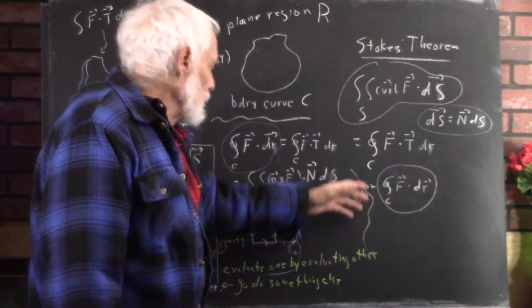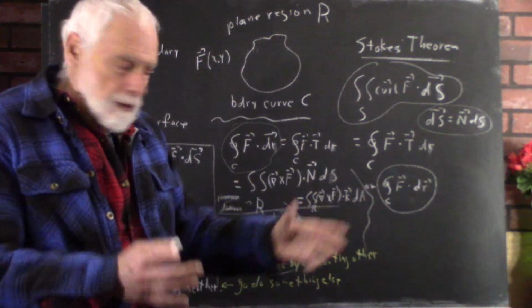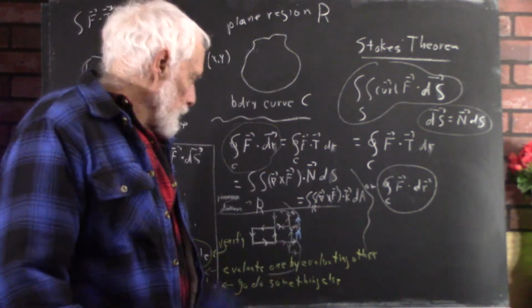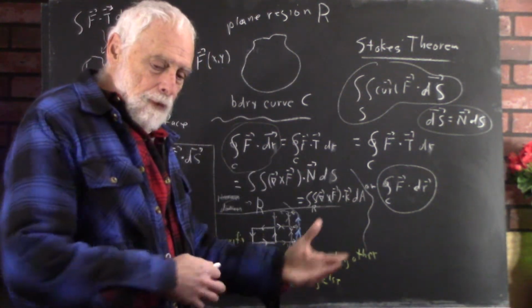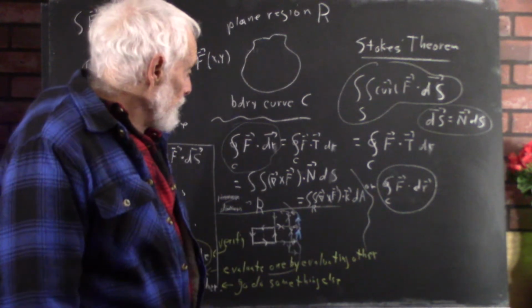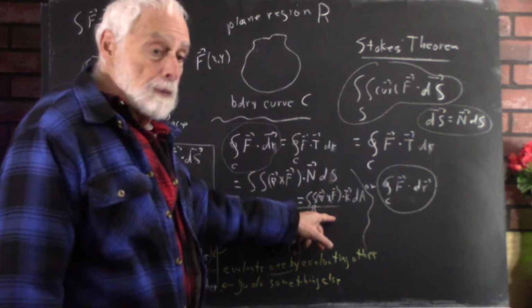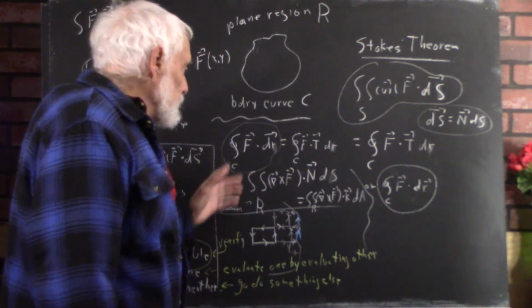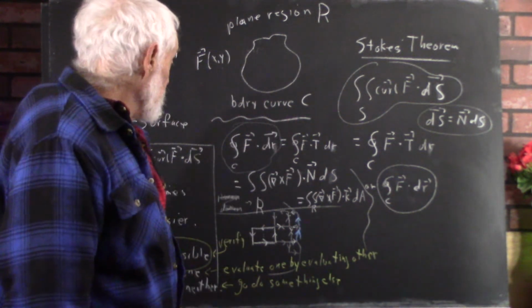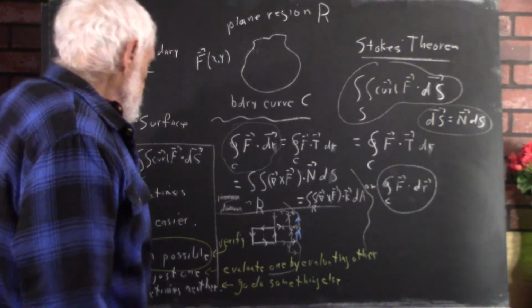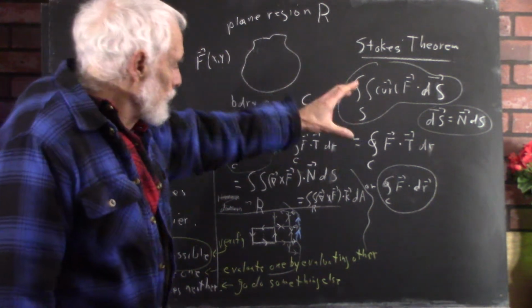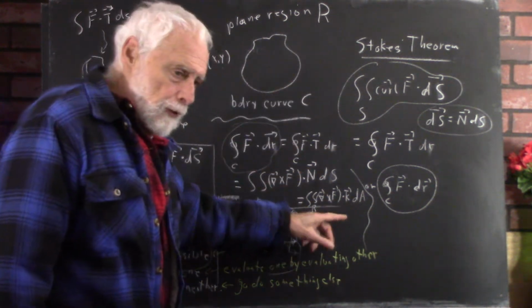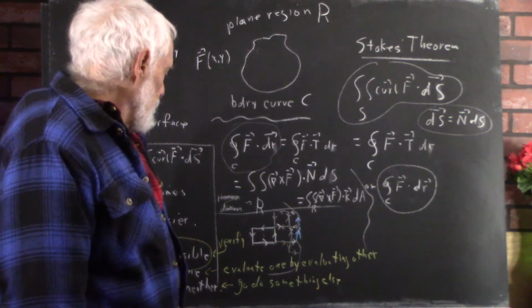Although you would parameterize a surface in general, you don't have to when the surface is in the plane. It's already essentially parameterized. Anyhow, this is going to be equal to this. This is in the plane. That's just Green's theorem. So Stokes' theorem reduces to Green's theorem if you're in the plane.